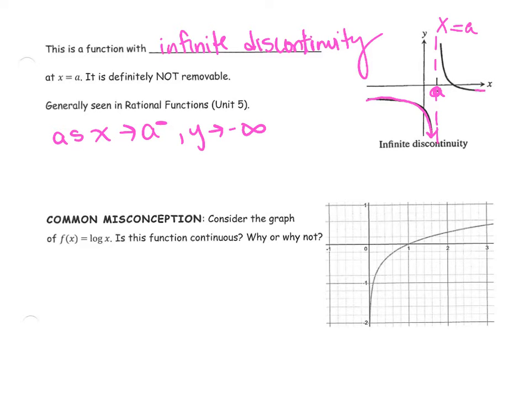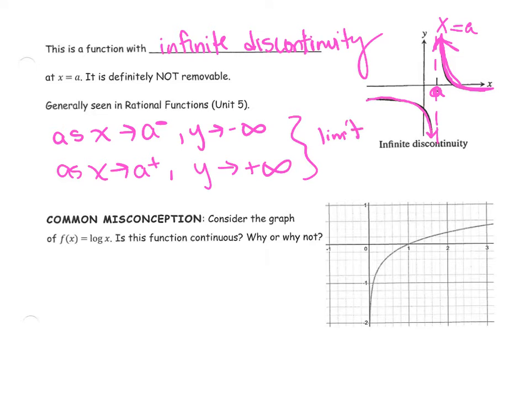But as x approaches a from the right, y approaches +infinity. So we're approaching two different values, which again means that the limit does not exist. Therefore, our function here is discontinuous. We've got that vertical asymptote.